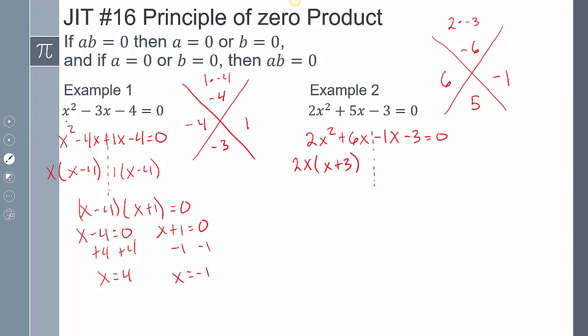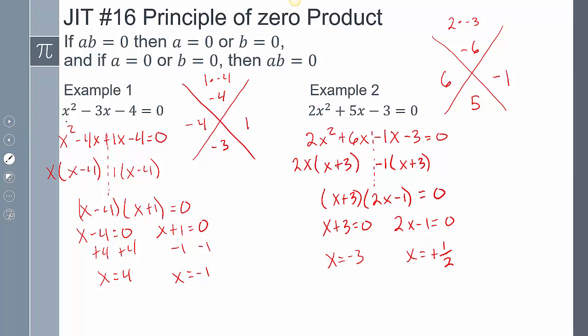So now factor by grouping, what's in common here is 2x, what's in common here is -1. And so rewriting this, I get x plus 3 and then 2x minus 1, and that equals 0. And so now I set each of these equal to 0 because of the zero product property. And then -3 on both sides, I get x equals -3. If I add 1 and divide by 2, I get x equals 1/2. And so that's going to be my answer for that one.